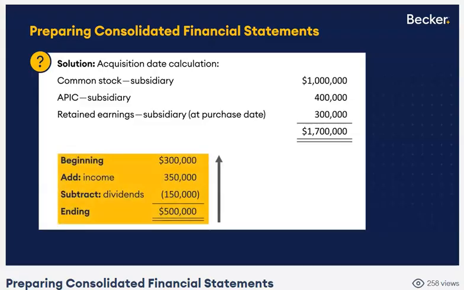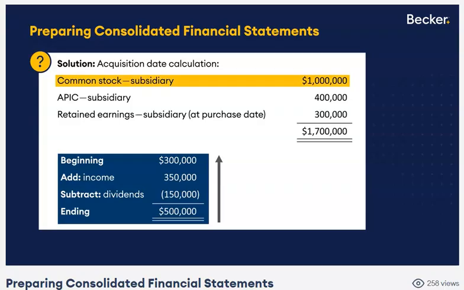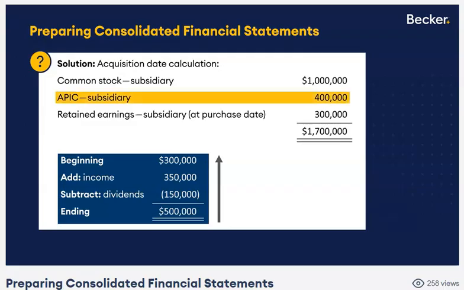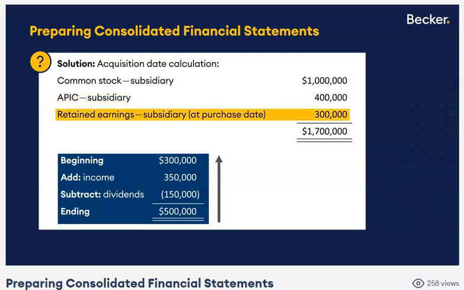If the ending retained earnings is 500 and we back out the dividends and back out the income, beginning retained earnings must have been 300,000. Right, 300,000 plus earnings of 350 minus dividends of 150 would equal the 500. So now the CAR on the purchase date: 1 million for common stock, APIC 400,000, retained earnings 300,000. That's 1.7 million. Now let's stop for just a second.